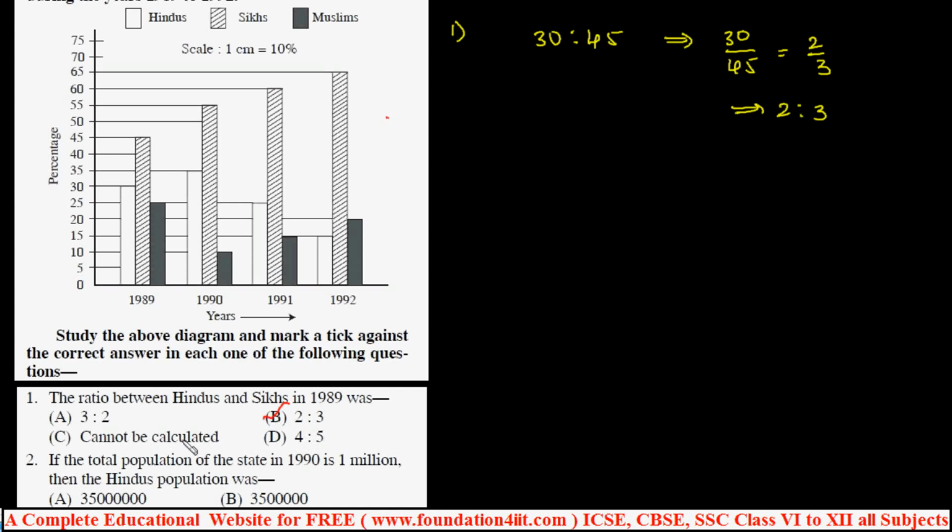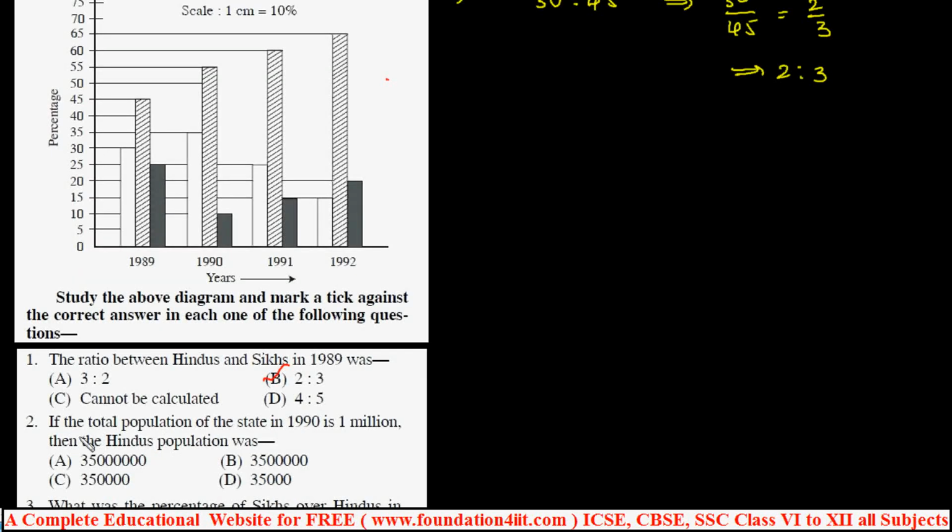Right. Next one: if the total population of the state in 1990 is 1 million, then the Hindu population was. In 1990, the total population: that means 35, 55 and this 10.